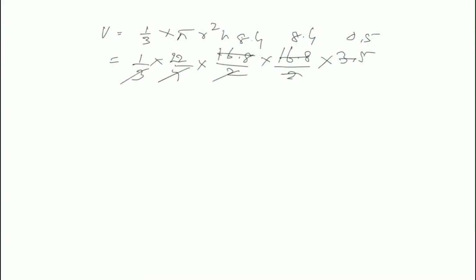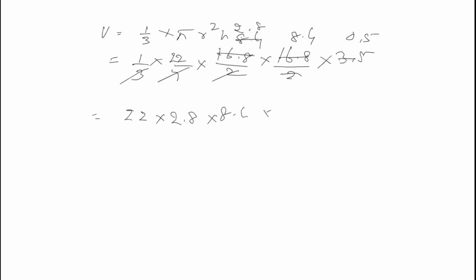Then 3 twos are 6. Multiply 22 by 0.5, which is 11. Then 11, 2.8, 8.4. You have to multiply. 258.72, ma'am. Okay.